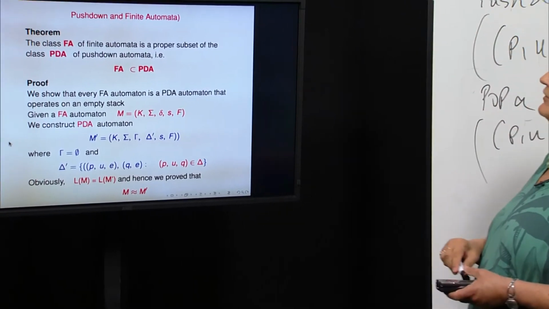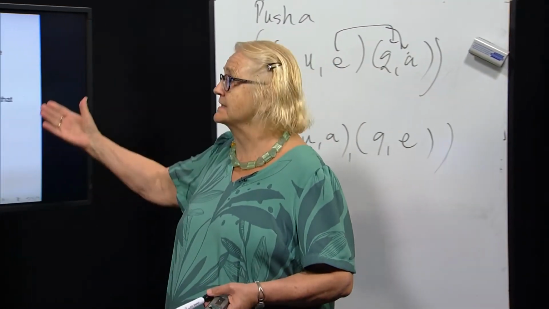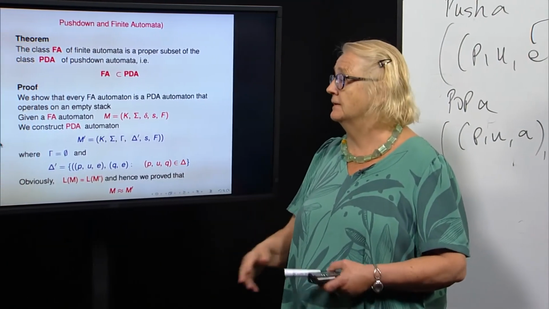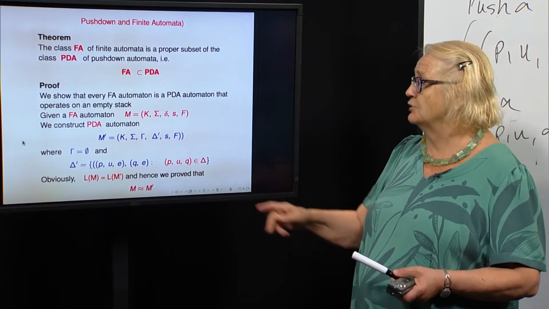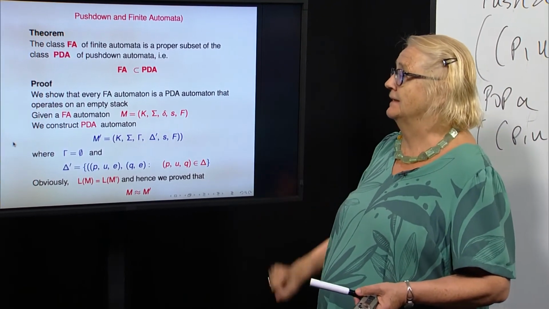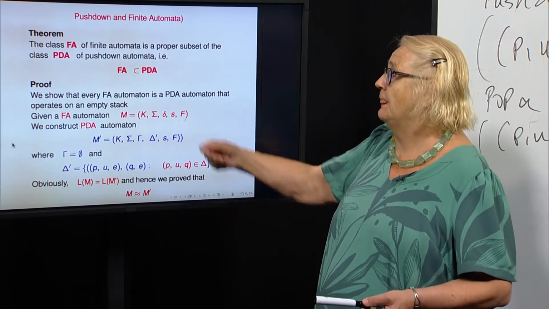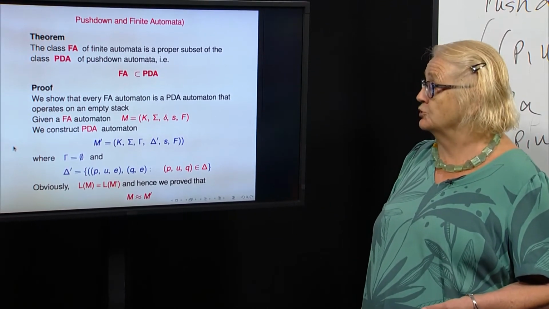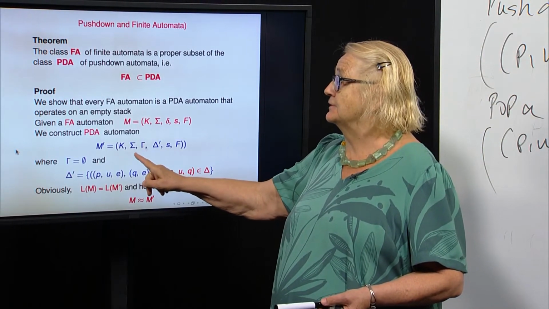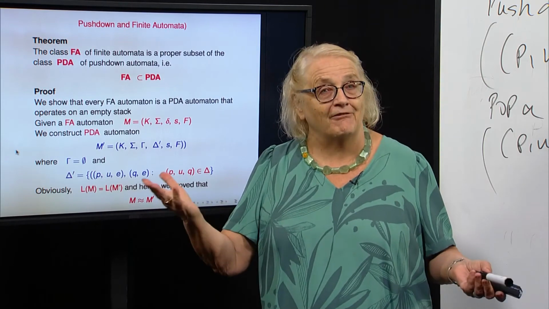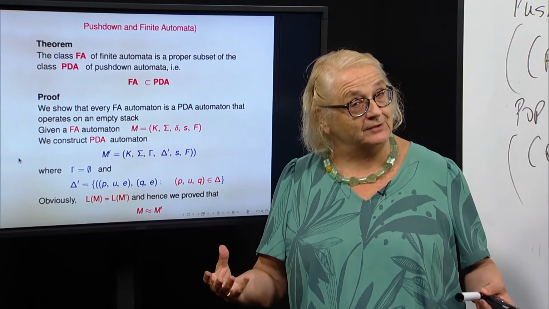And the class of finite automata is a proper subset of pushdown automata. Pretty obvious. It means we take a deterministic finite automaton, and we construct a pushdown automaton where the stack is empty. We said that gamma was an alphabet.